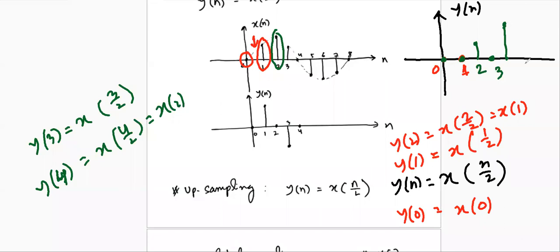Now if I sketch the result, you can see very clearly that the output looks like this: 0, then again 0, then a small value, then 0, then a large value, then 0, small value, then 0, then 0.